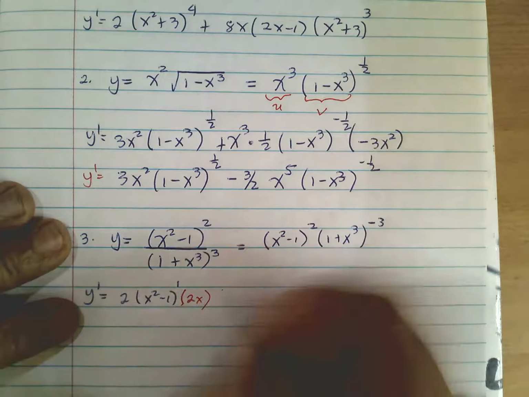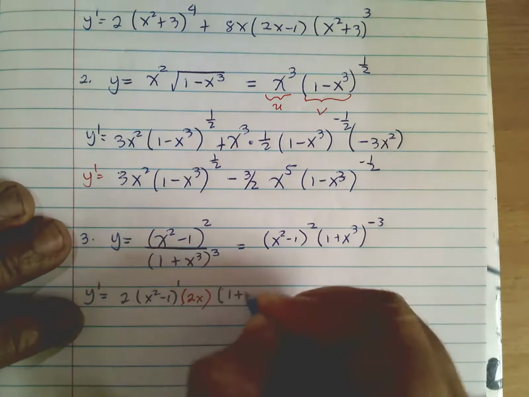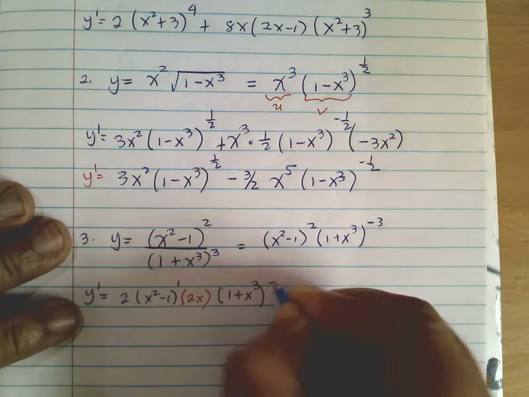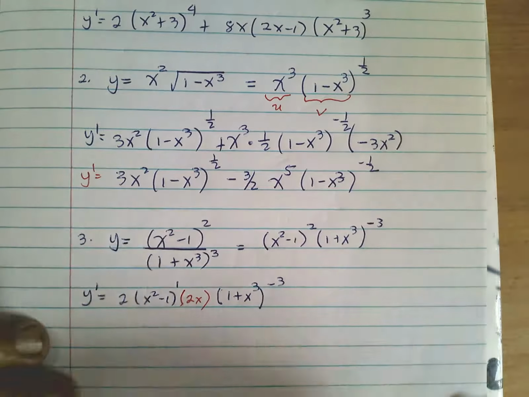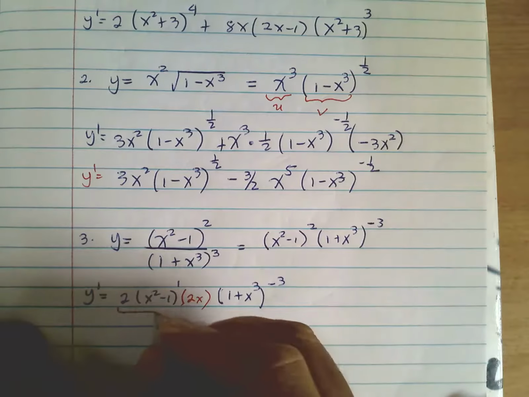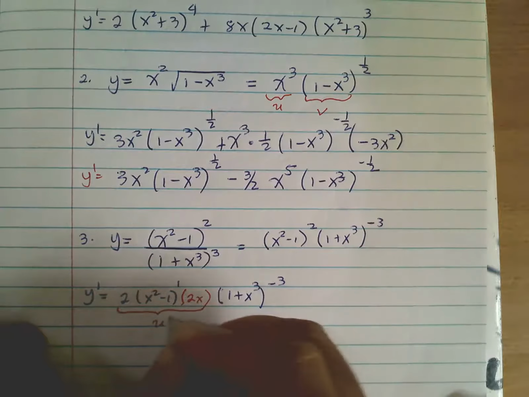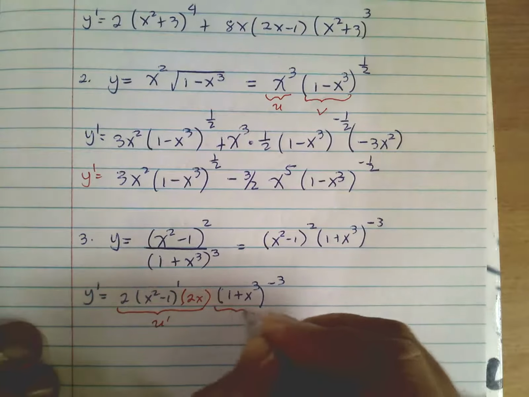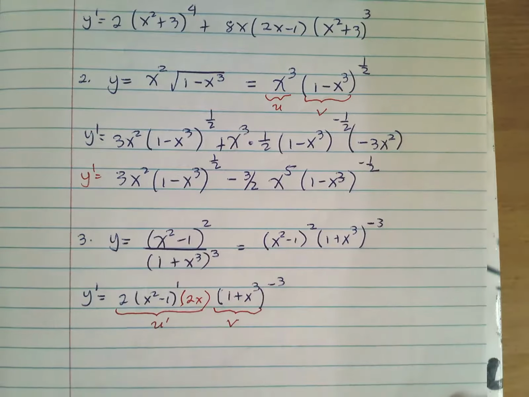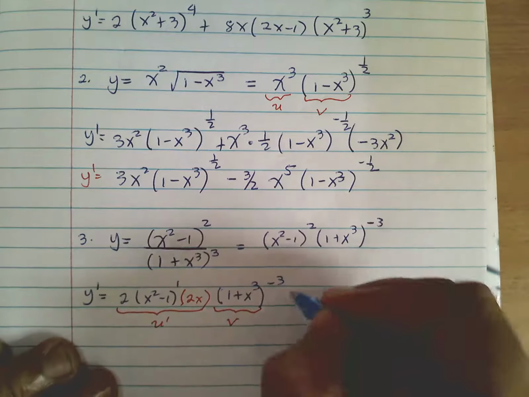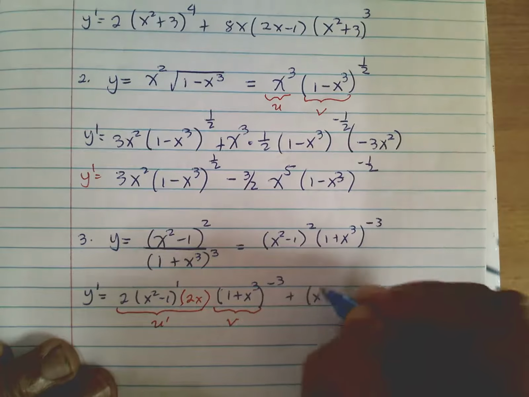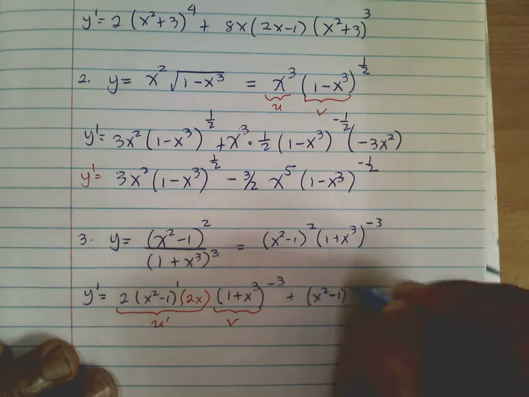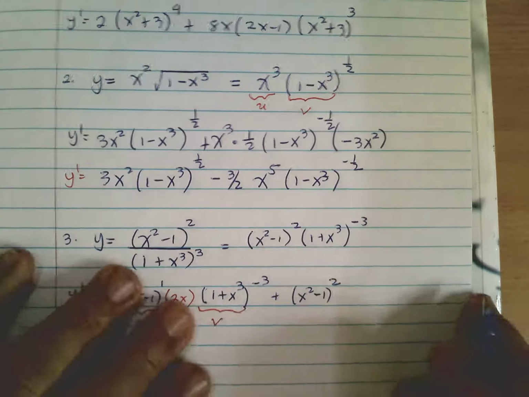You copy your v here, times (1 plus x cubed) raised to negative 3. It looks so long, but don't forget, so you don't get confused, that is your u prime, and that is your v. Then plus my u, which is (x squared minus 1) squared, times your v prime.